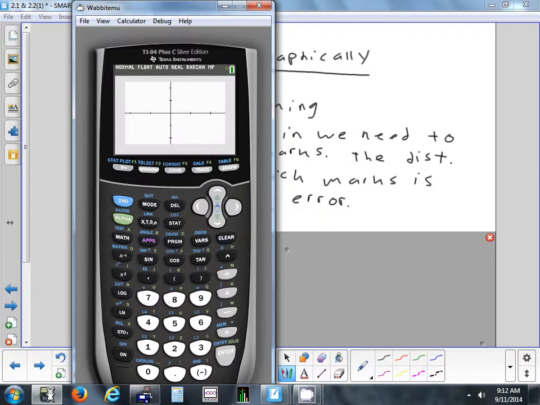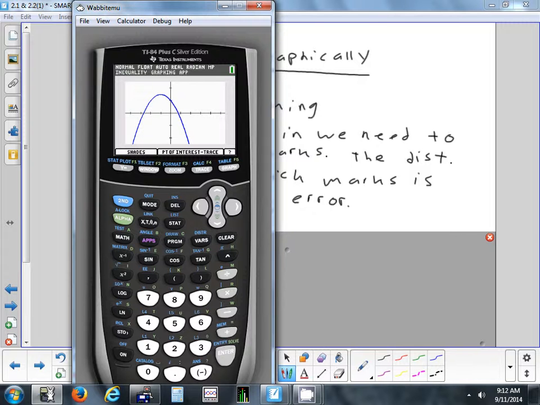Go over to the root, zoom in, and now I can see, well, it's less than a half, so I can't really tell though because I don't have enough tick marks. So they'd have to add more tick marks on the screen. And now I can tell my root is somewhere between 0 and 0.5.